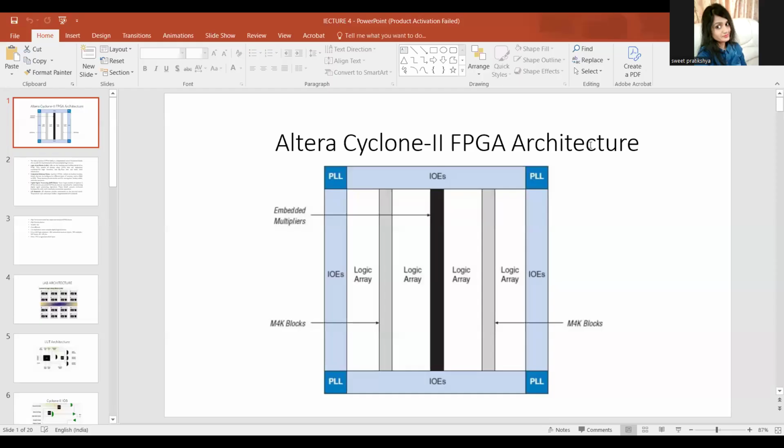So this is the end of all the architecture of the FPGA family, with a description of LAB architecture, input output block architecture, LUT architecture, and also the logic element architecture. So what we have learned today in these complete slides: Cyclone 2, we have to give a brief comparison.